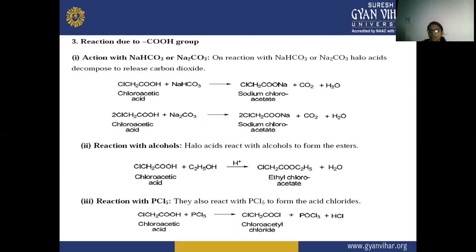In the reaction with the alcohol, these halo acids react with the alcohol and there is a formation of the ester.